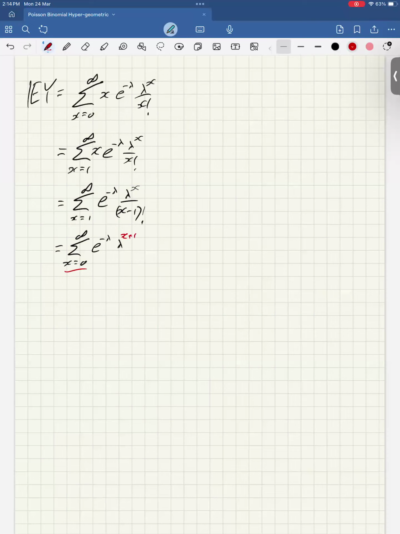If we sum from 0, the first power is lambda to the power 1, like the lambda to the power 1 we had here.